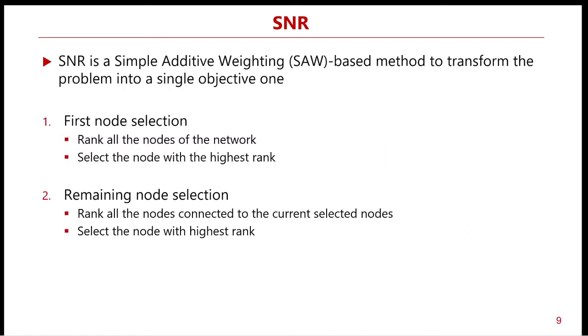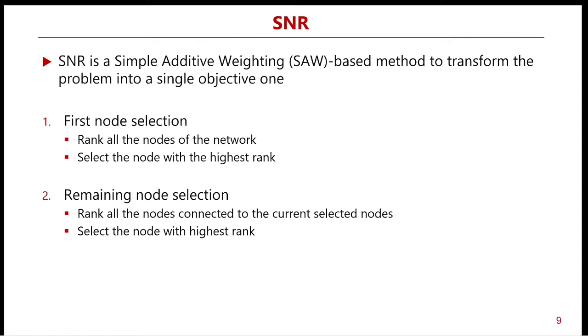So the proposed mechanism, which we call SNR, is a simple additive weighting-based method to transform our problem to a single objective one. Since we have multiple criteria in selecting worker nodes, we use the SAW method to transform our problem to a single objective one. Our SNR has two phases, first node selection and remaining node selection.